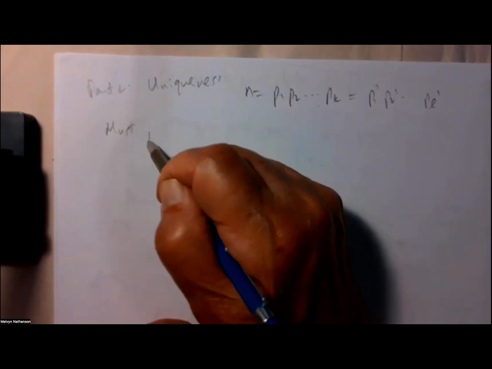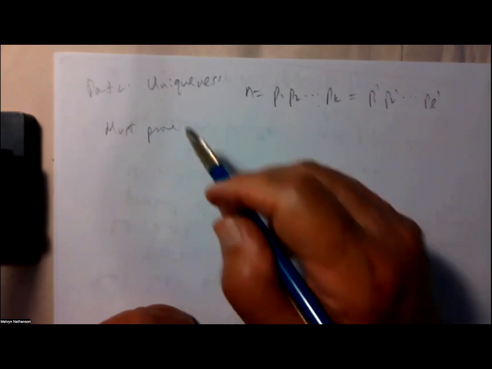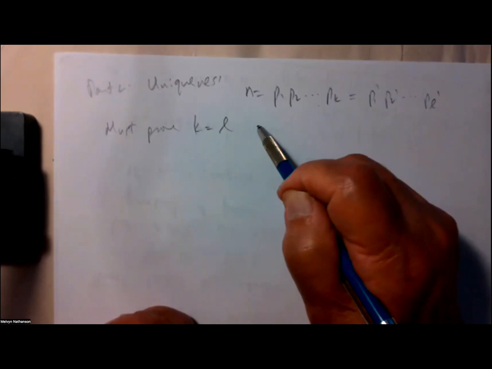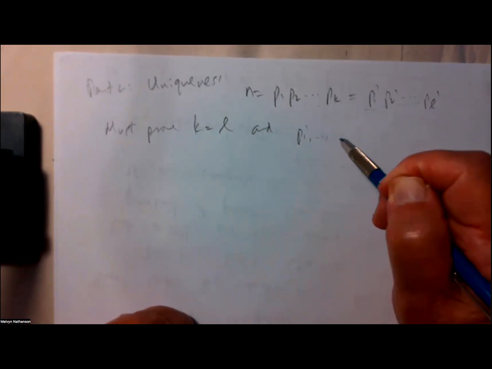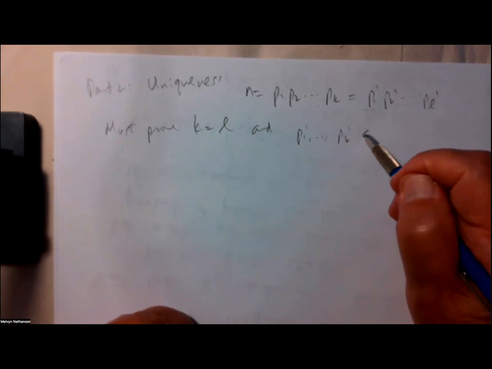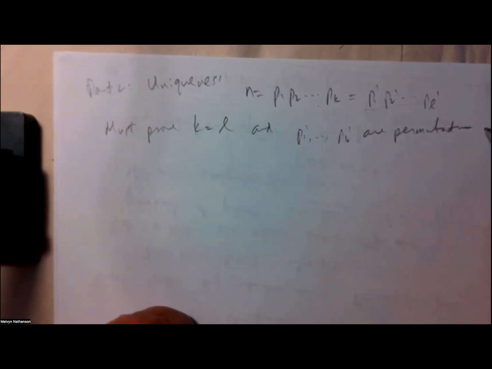So I have to prove, first of all, that you have the same number of primes on both sides. k equals l. And these l primes are simply some permutation or rearrangement of the primes p1 up to p sub k.